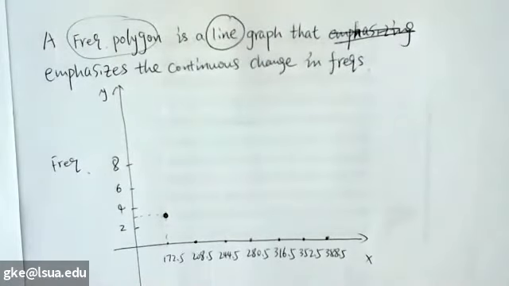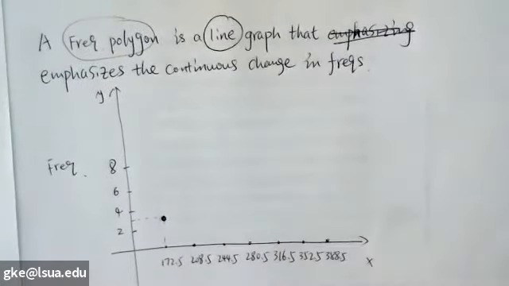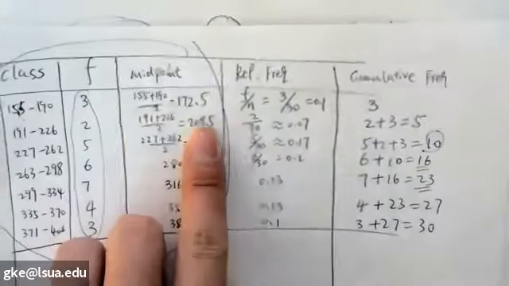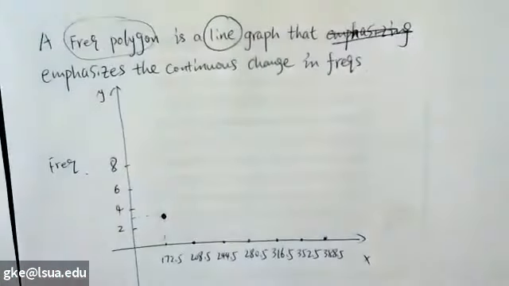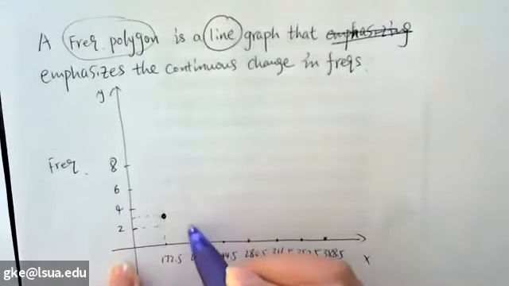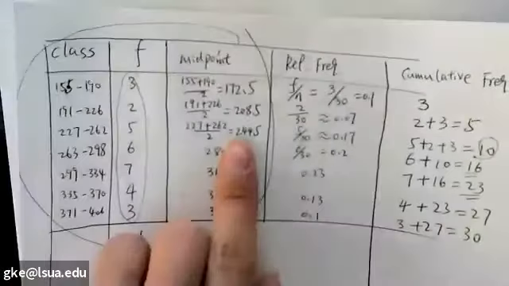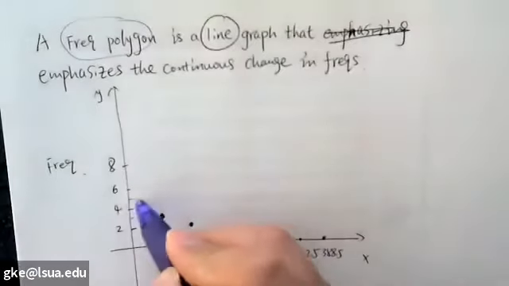Find the first dot. And for the second midpoint, the frequency is 2. So we mark down the second midpoint at 2. It's here, right? And of course, for the third midpoint, that is 5. We just mark down the 5.